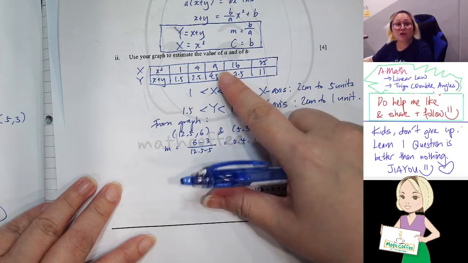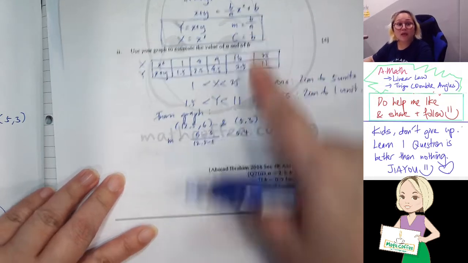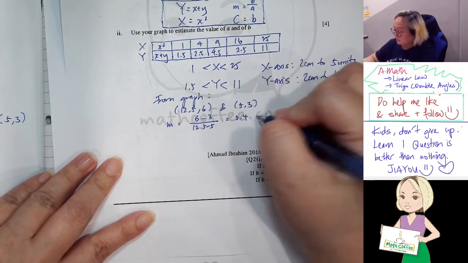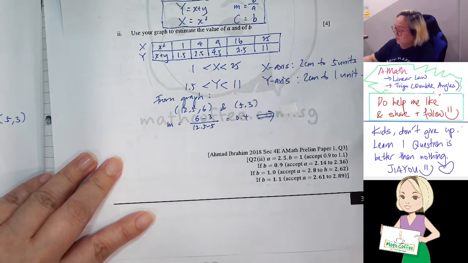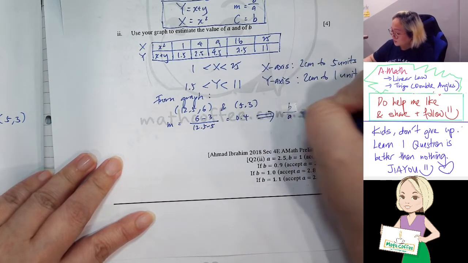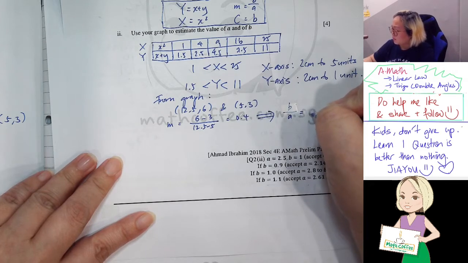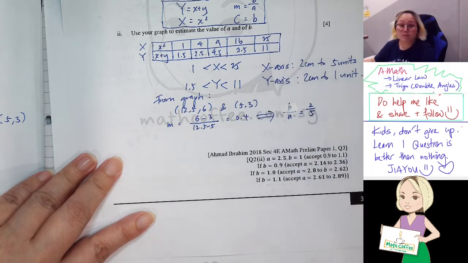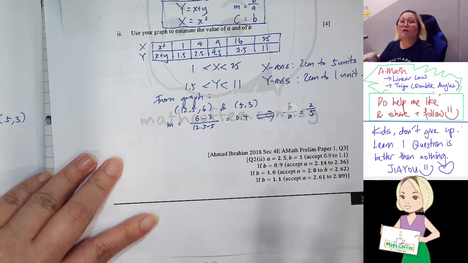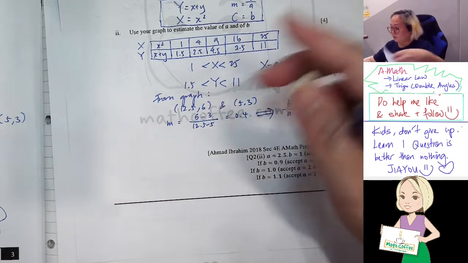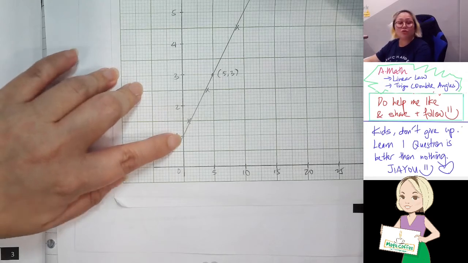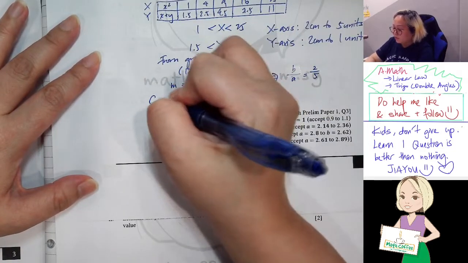Remember, my gradient is not just a or b, it is b over a. So this only tells me that b over a is equal to 0.4. You can write 0.4 or 2/5, because it's the same thing. I cannot solve it yet. Let's settle my big C first. From the graph, we know that my big C cuts through 1, so big C equals 1.